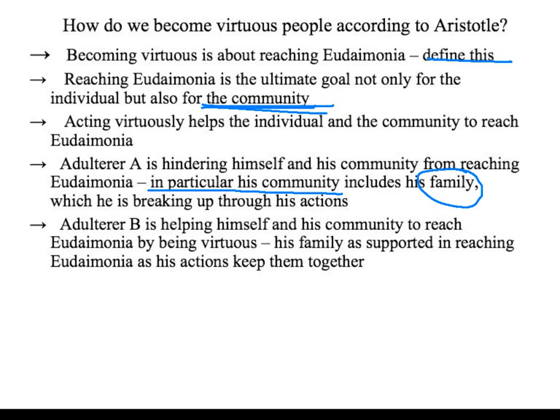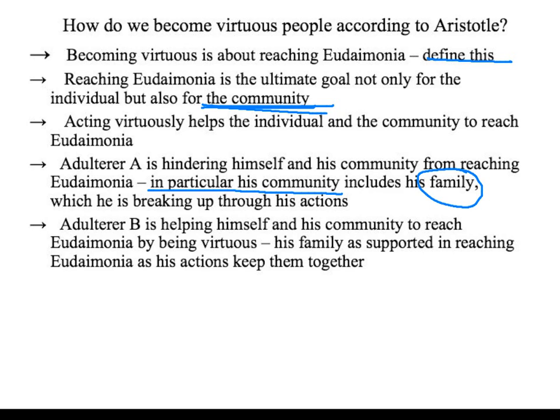You need to ask yourself, is him committing adultery something that is likely to help or to hinder his local community, his family, reaching eudaimonia? Obviously, with his actions breaking up his family, you could say that that is going to hinder them reaching eudaimonia. If we move on to adulterer B, you could say that he is actually helping himself and his community to reach eudaimonia because he is being virtuous.